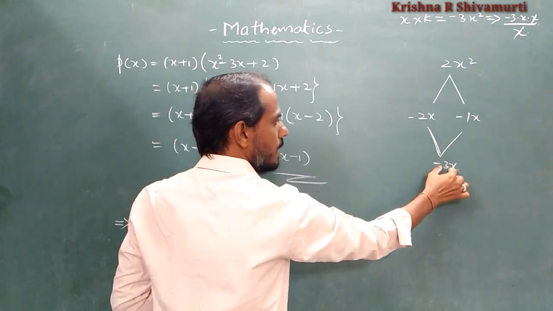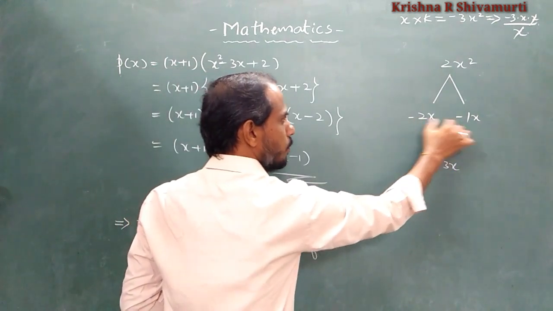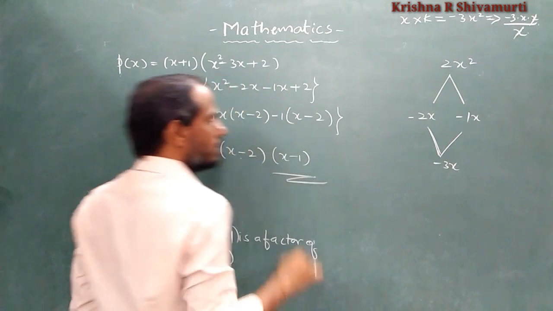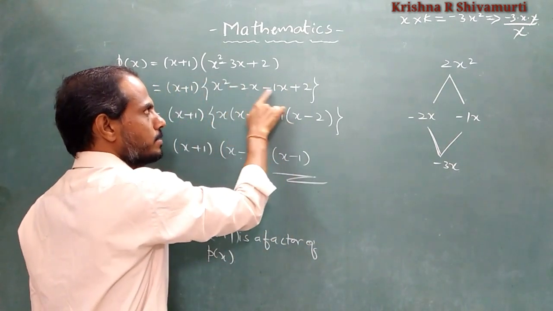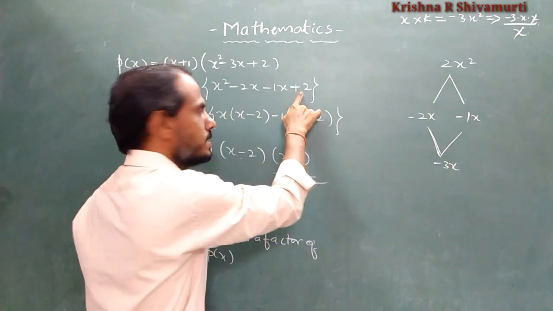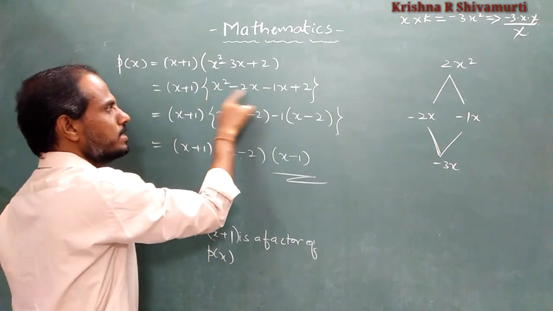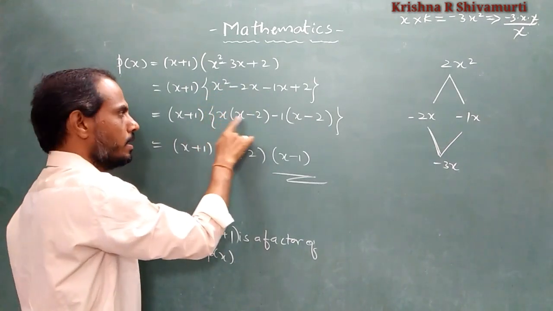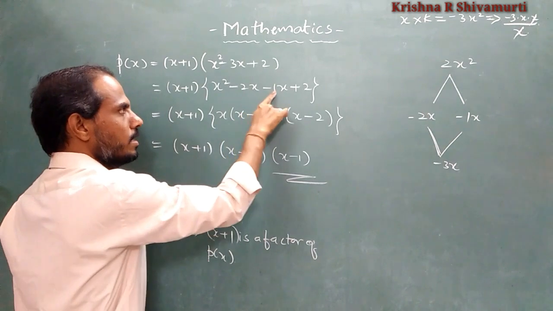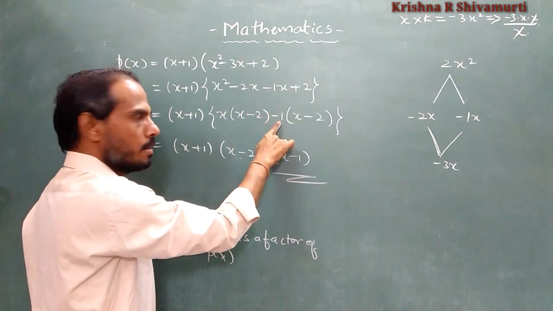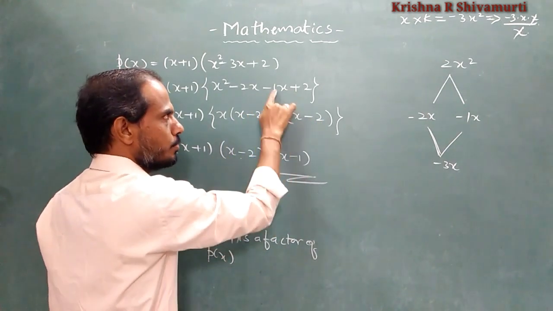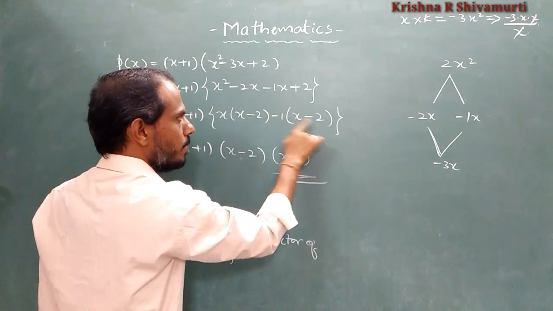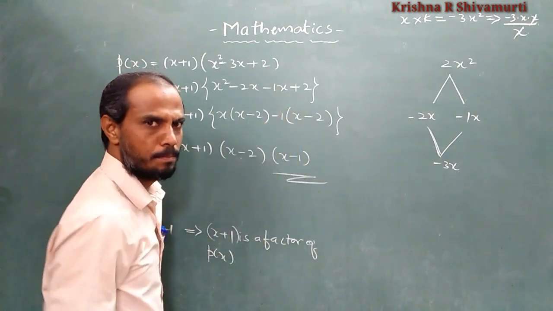Split the minus 3x such that the product of the two numbers gives that much. That is minus 2x minus 1x plus 2 as it is. In the first two terms, what is common? x is common, x minus 2 remains. In the next two terms, minus 1 is common. What remains? x minus 2. Minus 1 taken common, x minus 2. Minus into minus becomes plus.